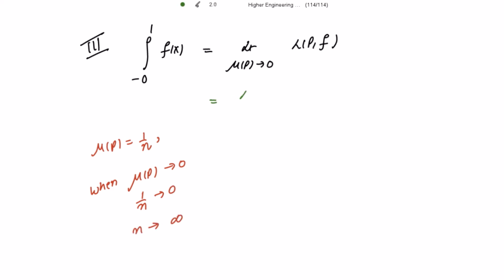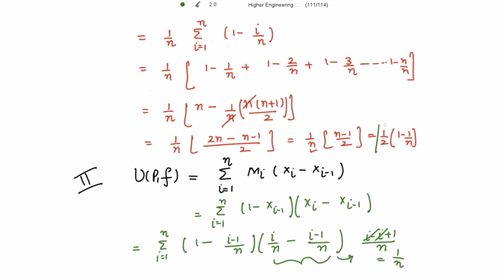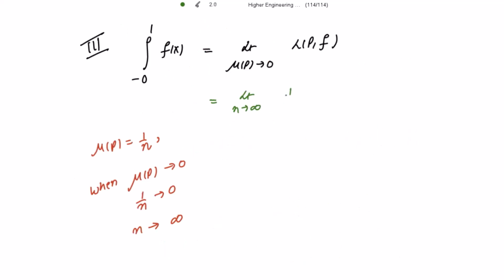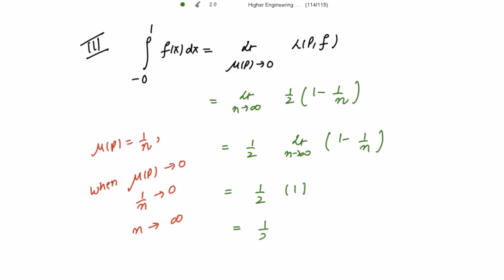So we write here the limit n tends to infinity of the lower Riemann sum. What is the lower Riemann sum? It is 1 by 2 into 1 minus 1 by n. So this is equal to 1 by 2 times the limit n tends to infinity of 1 minus 1 by n, that is equal to 1 by 2 into 1. So this is equal to 1 by 2.